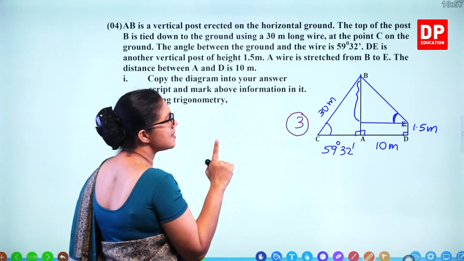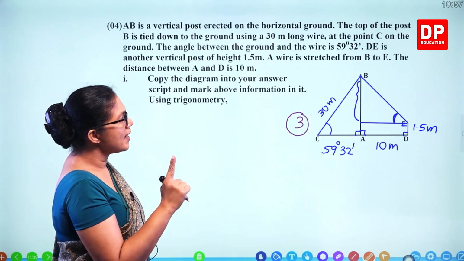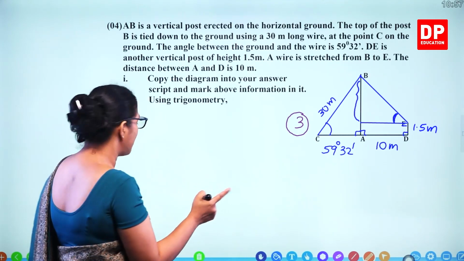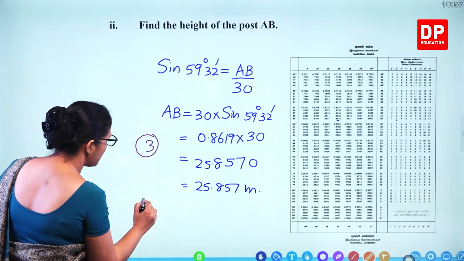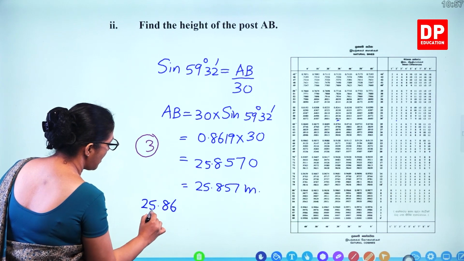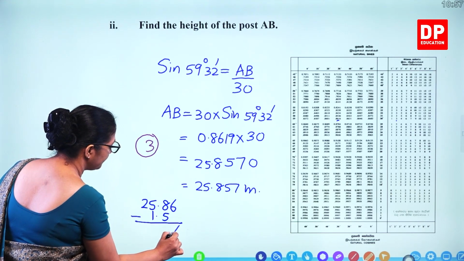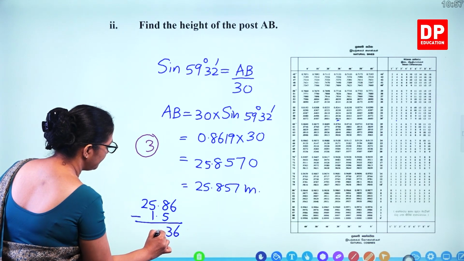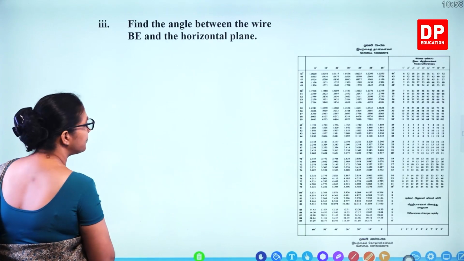So what is this height? Full AB length we found, you can subtract 1.5. So we'll do that first. 25.86 minus 1.5 is 24.36.